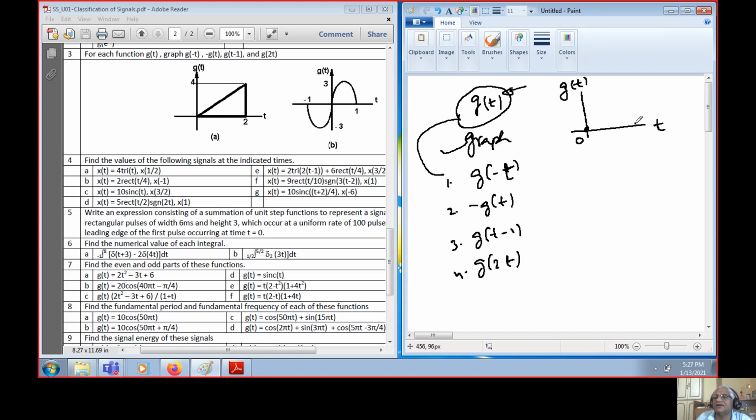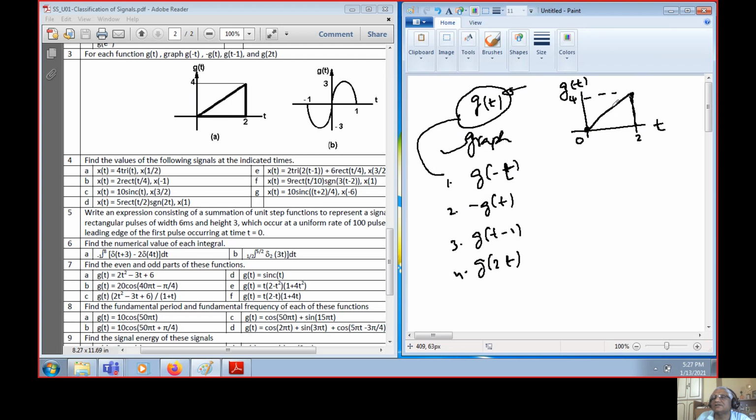And at t equal to 2, it is having a value of 4. From 0 to 4, it is increasing linearly in a straight line, and here it is suddenly dropping to 0. So at t equal to 0, the value of g(t) is 0, and at t equal to 2, the value of g(t) is equal to 4.